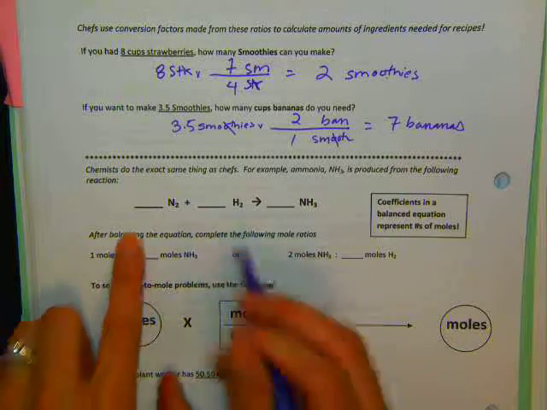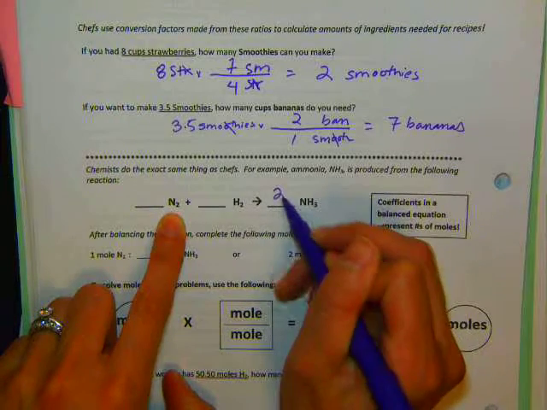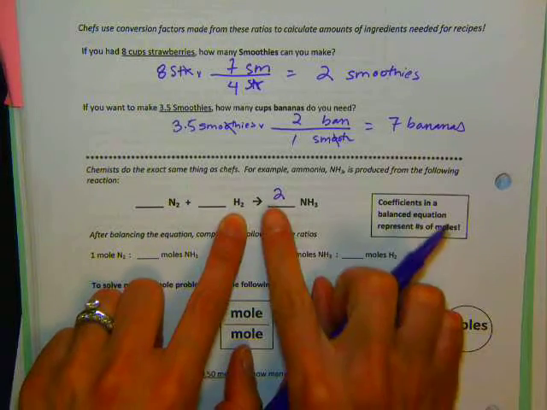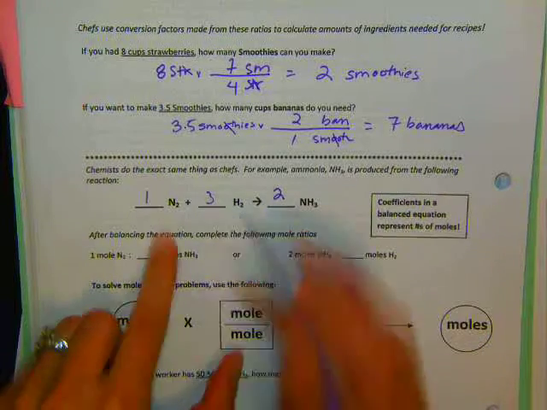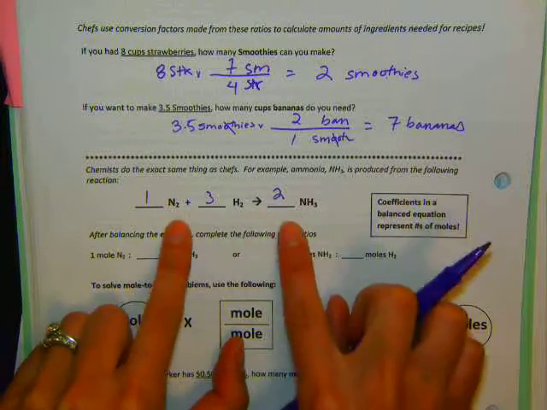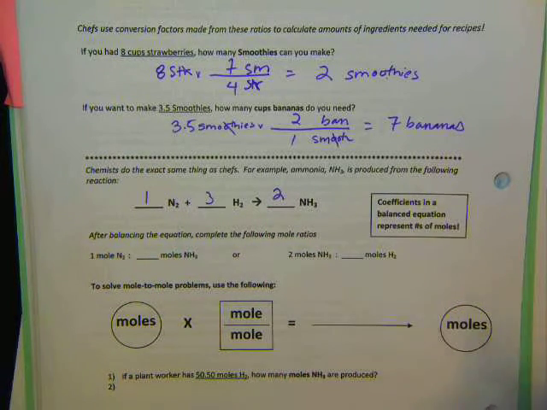Angie's exactly right. She went first, she saw 2 N's, only 1, so she put a 2. Then she saw 2 H's, but there's actually 6 H's here, so she put a 3. So it's 1, 3, 2. These are your ratios. So instead of the perfect smoothie, this is your perfect science formula ratio.